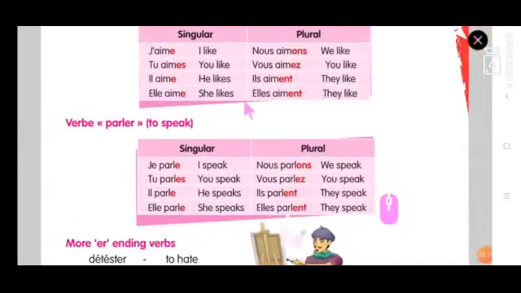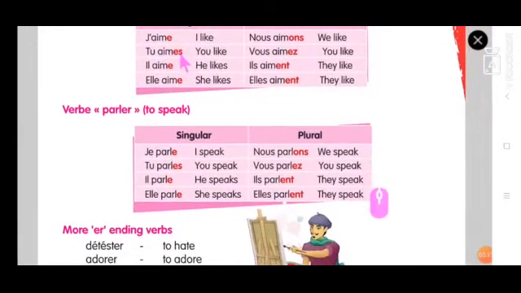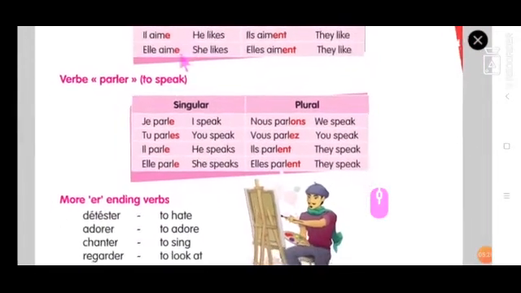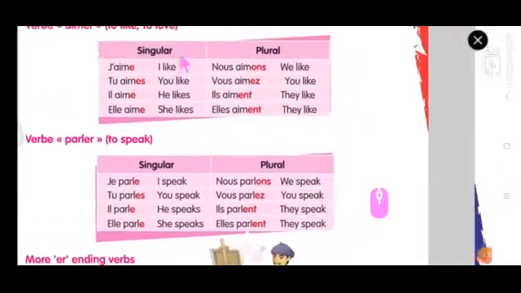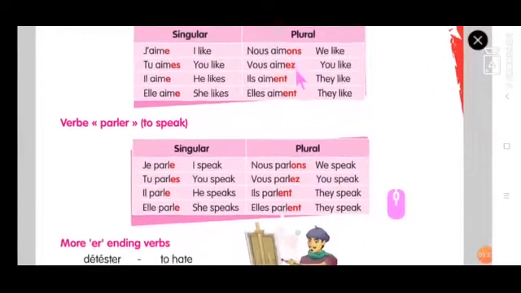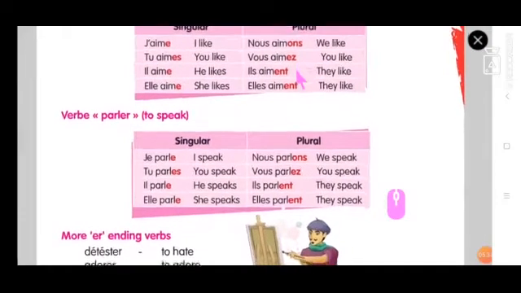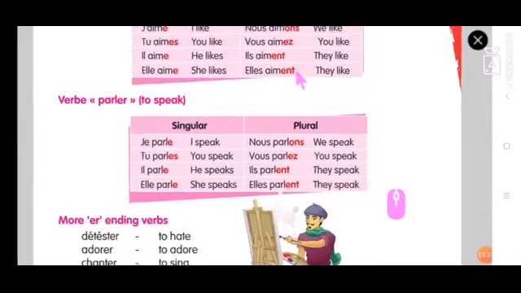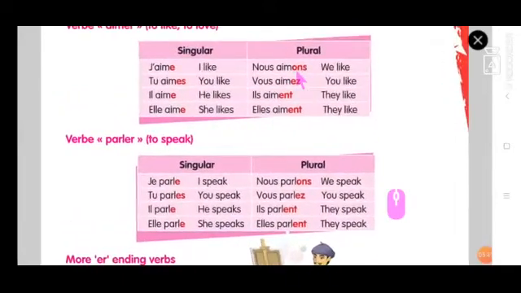Once again, j'aime, tu aimes, il aime, elle aime, nous aimons, vous aimez, ils aiment, elles aiment. So now we are done with the pronunciation.